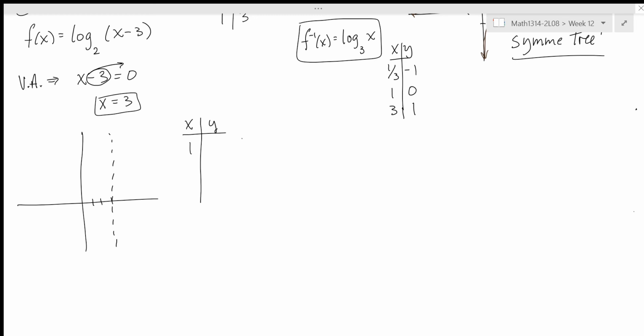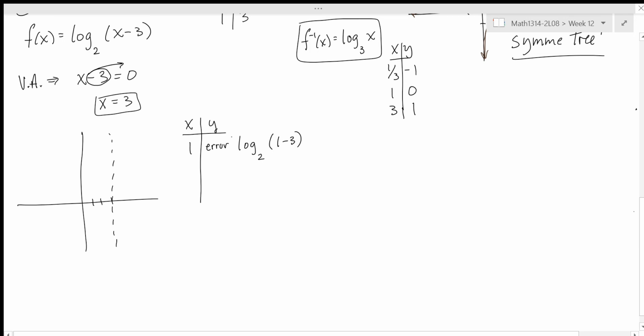Now, do you understand I have to plug it in here? So on your calculator, I need you to calculate log base 2 of 1 minus 3. Log base 2 of 1 minus 3. And you should get an error message.